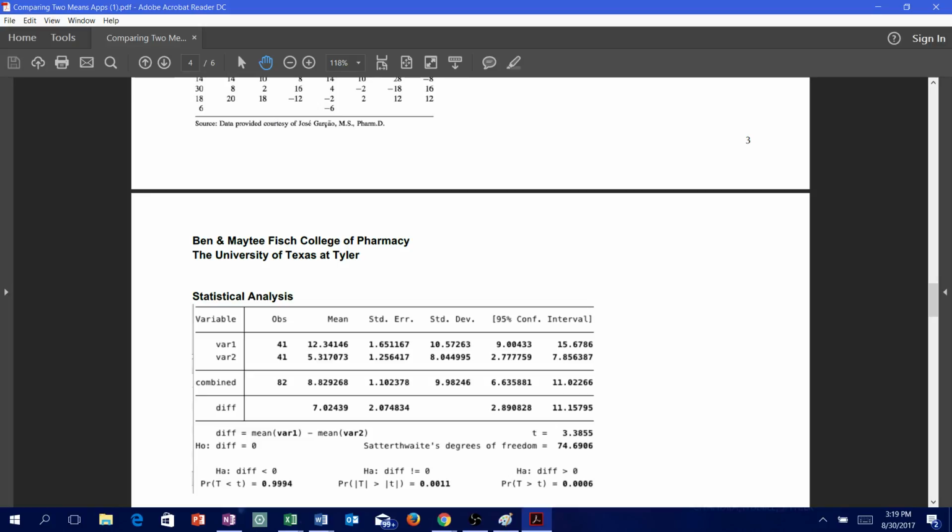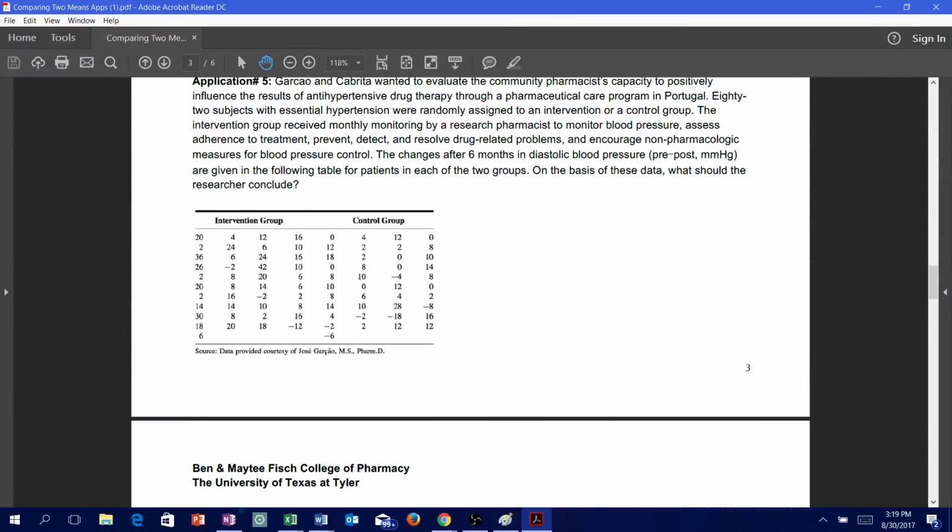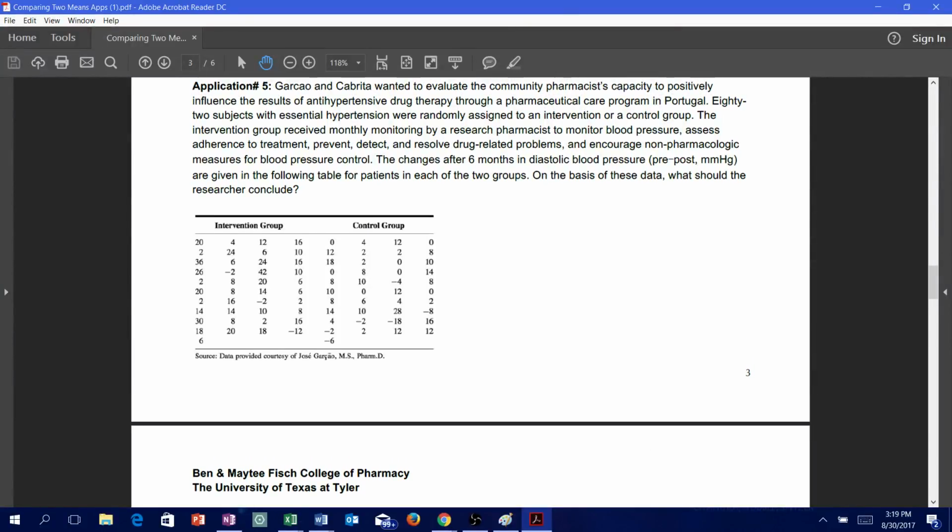Okay, so I'm having a hard time on D for that application 5, because it's asking what should the researcher conclude? They just wanted to make a positive influence. So does that mean they just want a right tail test because they want a positive thing?